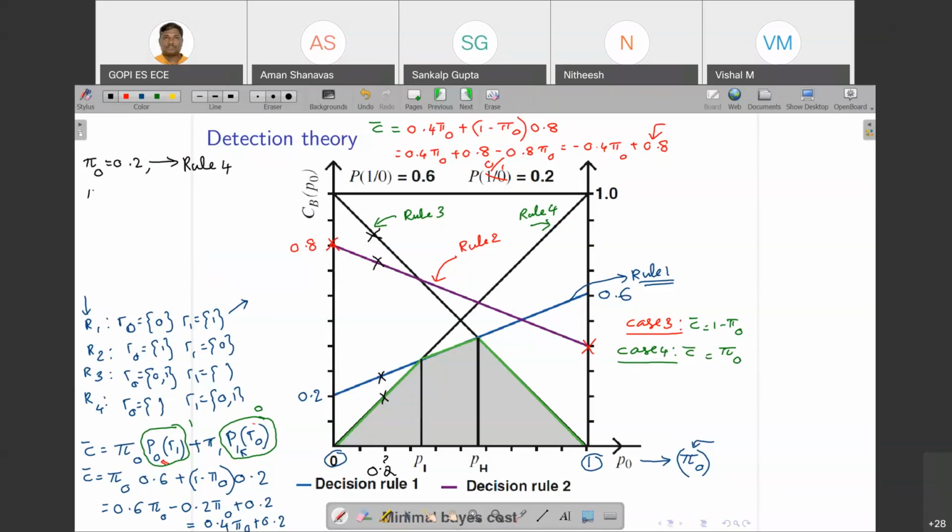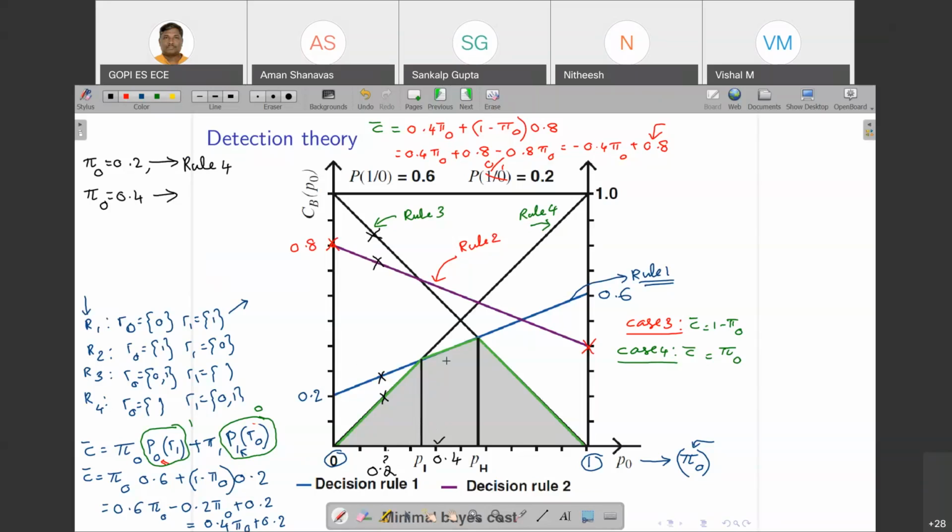Let us say the prior probability pi naught is somewhere in this region, for example 0.1, 0.2, 0.3, 0.4, or 0.5. Let us say 0.4. Which rule do I have to use here?